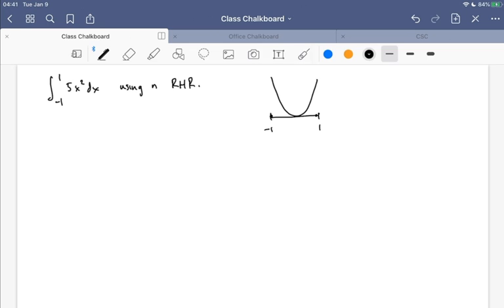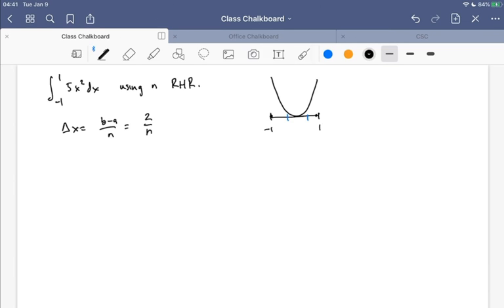If I divide this into, just for the sake of the picture, three pieces, then for the right-hand rule, first off, our delta x is going to be (b minus a) over n, which is 2 over n because the width of the interval from -1 to 1 is 2.